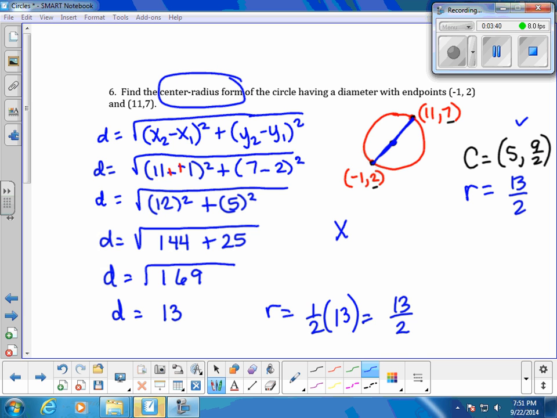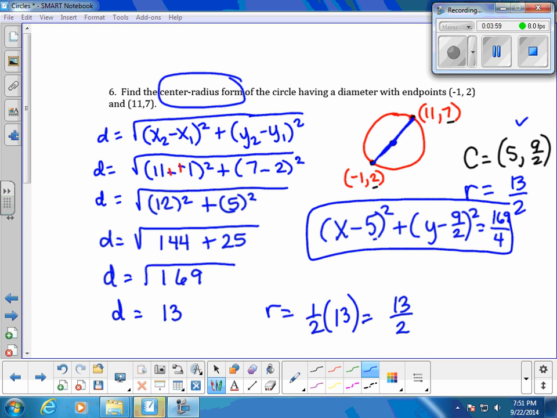So it's x minus h squared plus y minus k squared is equal to the radius squared. So I'm going to get 169/4, and the 169/4 came from squaring 13/2. So this is our center radius form.